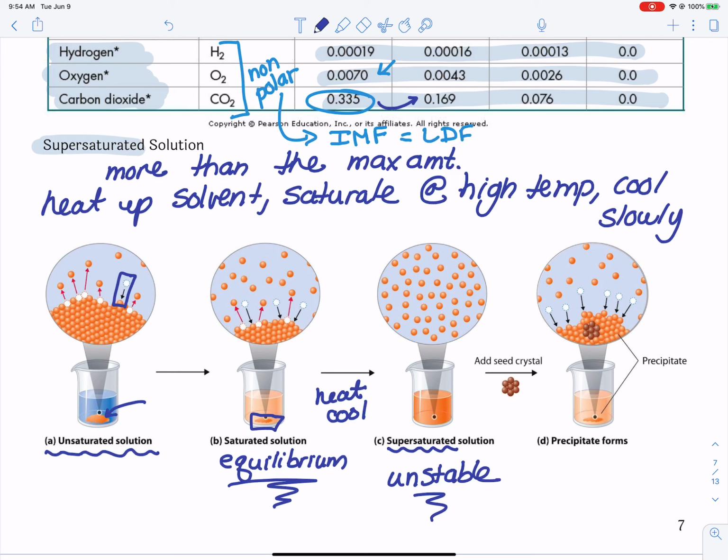A disturbance could mean literally just bumping into the table, walking next to the jar that is holding this, or adding a seed crystal, just one little crystal of that solid. What that will do is cause all of the extra dissolved solute to recrystallize and form, remember we talked about this, a precipitate.